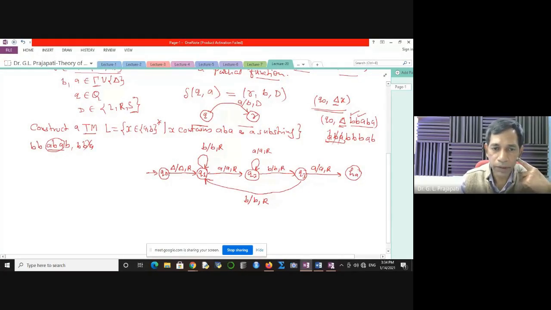Whenever you are in the state Q1, your job is to find a string that contains ABA as a substring.